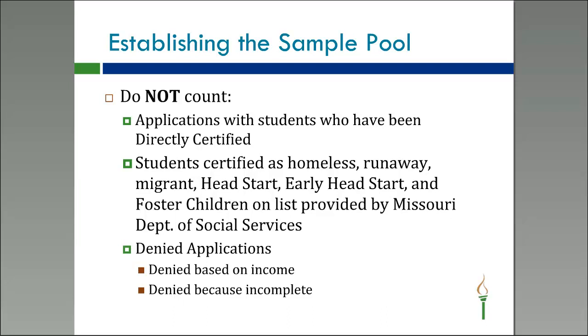Also, do not count students certified as homeless, runaway, migrant, Head Start, or foster with a letter or direct cert who have a letter or who are on the direct certification list if there are no other students on that application. And don't count any denied applications either. If it's denied because of income or if it's denied because it's incomplete, don't count those when you're determining who to verify.